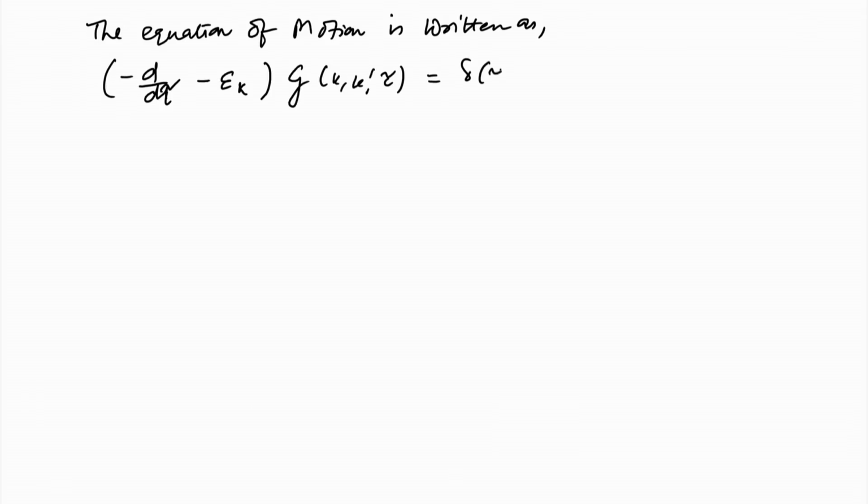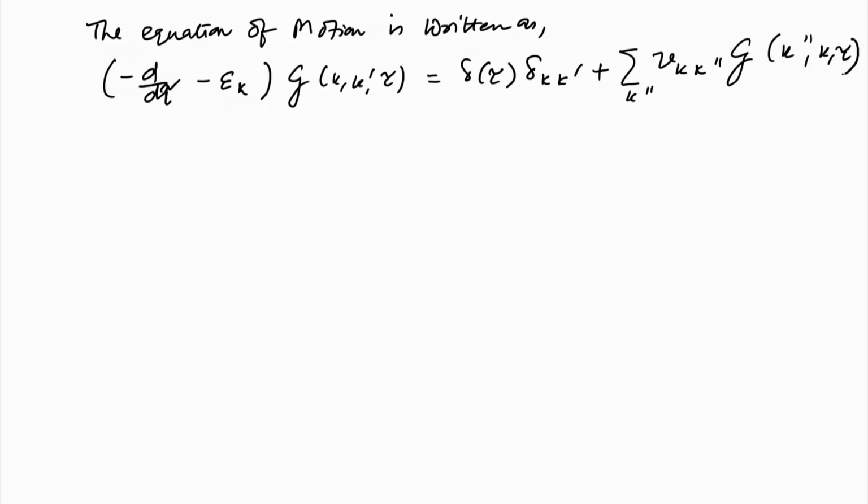This is equal to delta tau delta k k prime plus phi k double prime and g k prime k tau. So, that is the equation of motion for the Hamiltonian to have a diagonal term as well as an off diagonal term. As I told, the diagonal term corresponds to operators such as kinetic energy, whereas the off diagonal terms can denote quantities such as disorder or defects in the problem. So, this is my equation of motion.